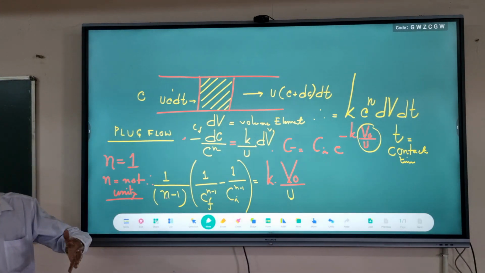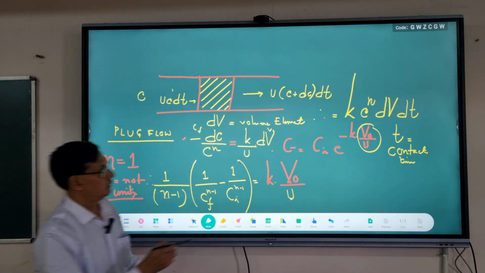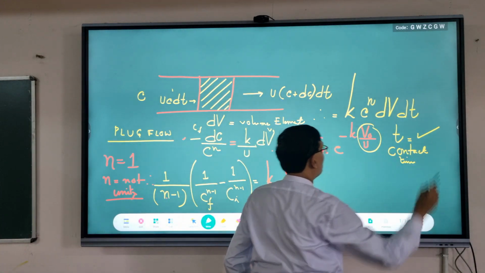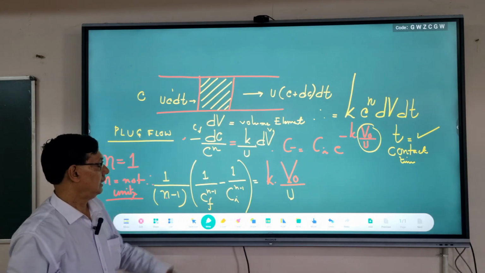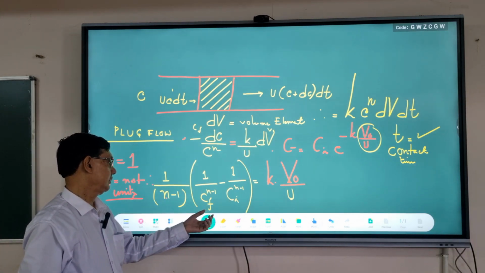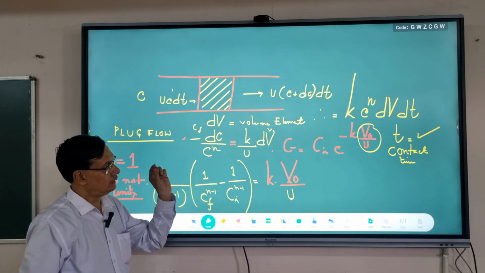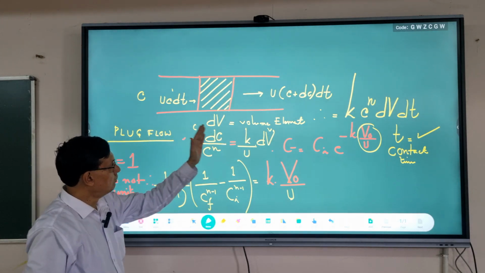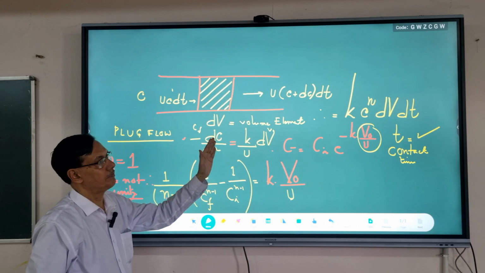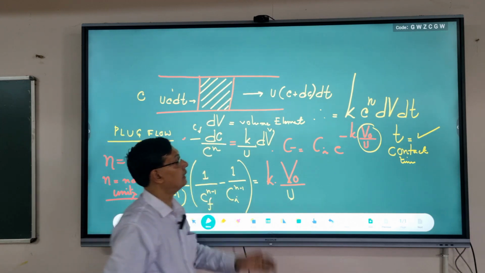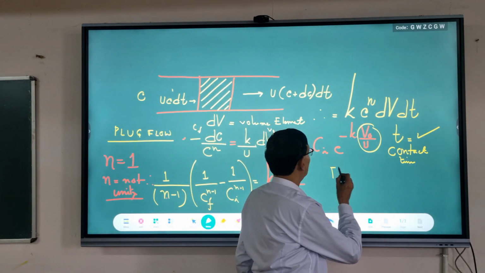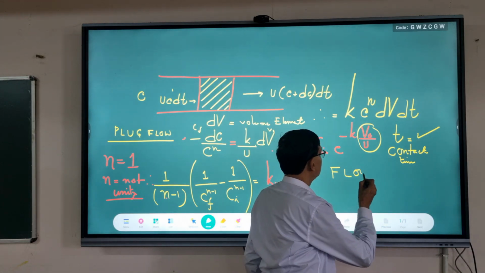So there are two formulas. One is for n equal to 1, and second is when n is not unity. What is important here is the movement of that volume element. So this is the first method.